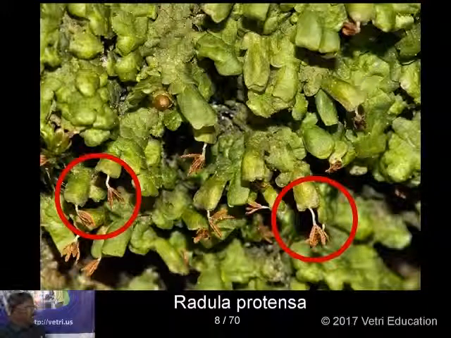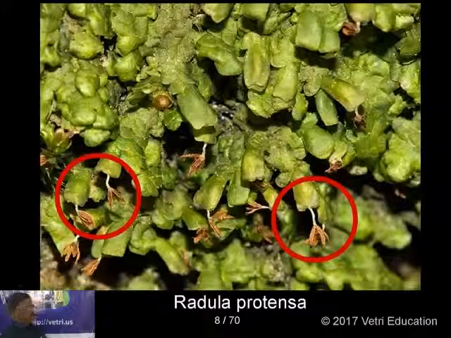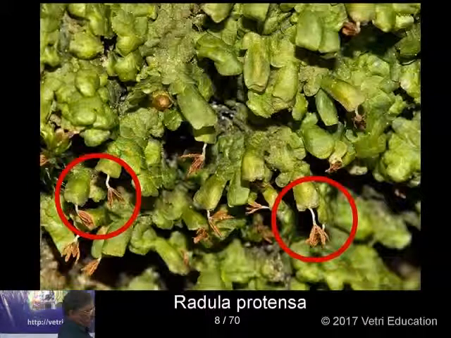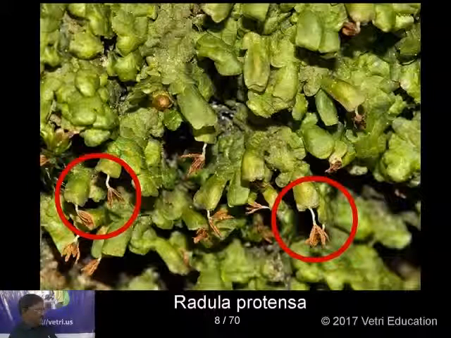Here you can see a red circle given for you to see the plants growing on the leaves of another plant. So this is an epiphyllous plant, for example Radula protensa.